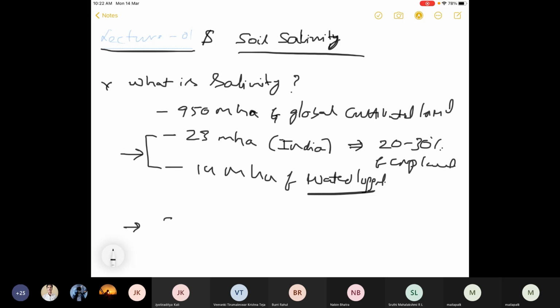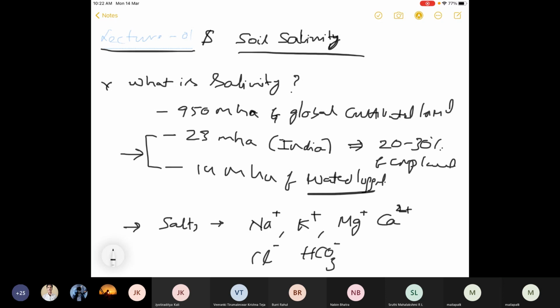The salts generally include cations: sodium, potassium, magnesium, and calcium. Among the anions, we have chloride, bicarbonates, sulfates, and carbonates.